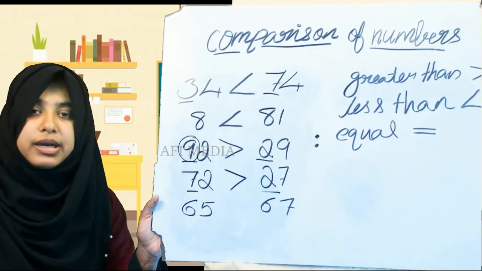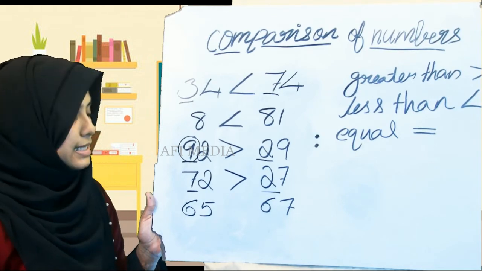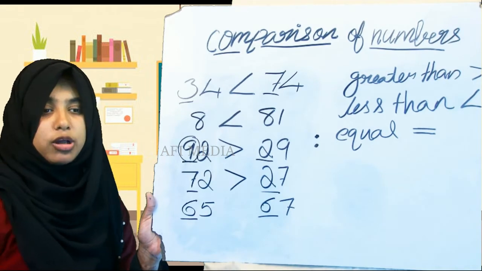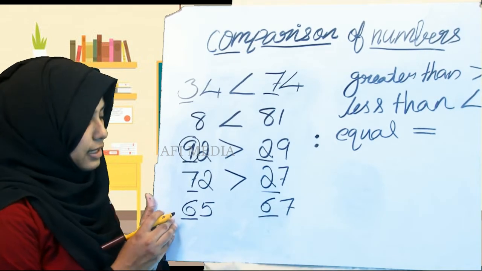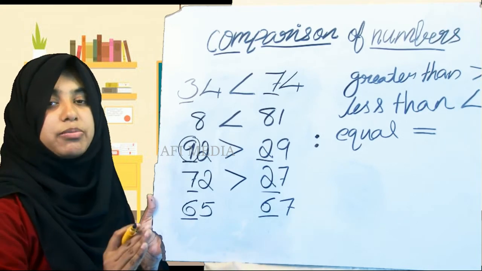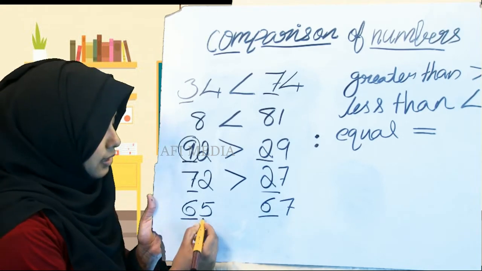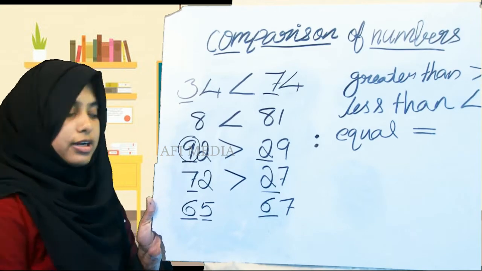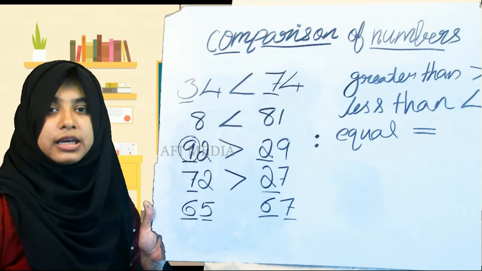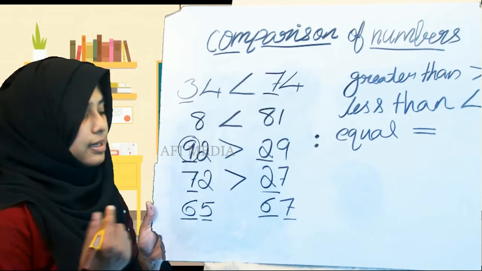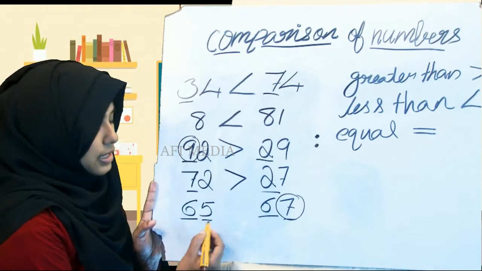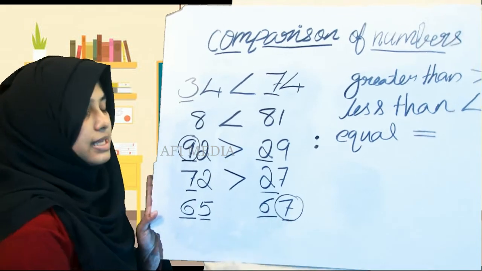Here another number, 65 and 67. Both have the tens place equal: here also 6, here also 6. Then what do we want to do? We check the next place. Here 5 ones, or here 7 ones. Which has more ones? Yes, 7. 5 is less and 7 is greater.